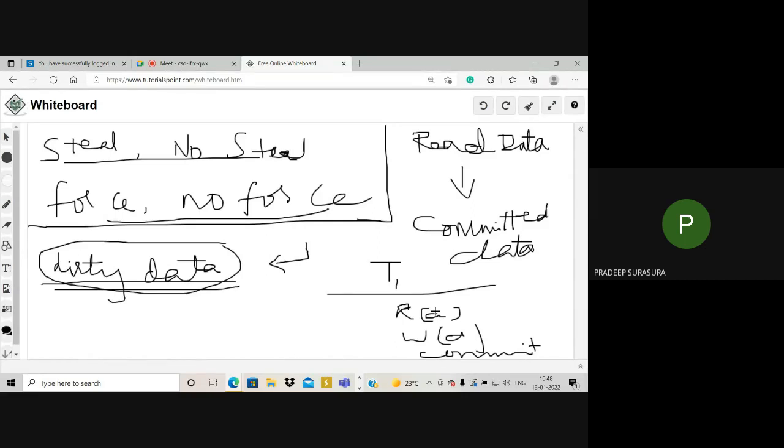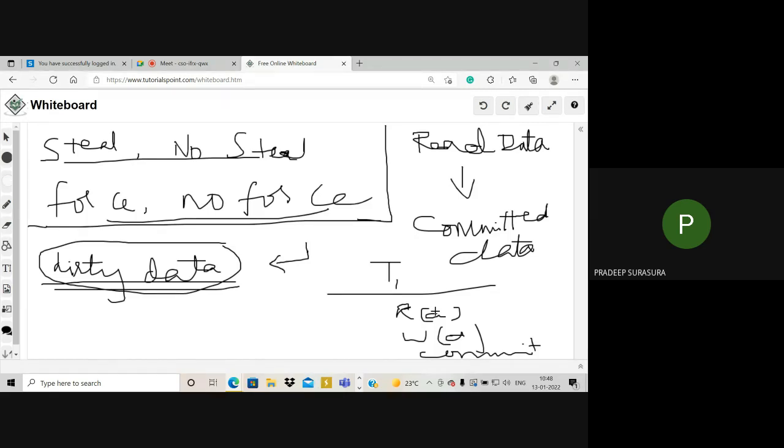The moment we complete the write operation, we say commit. Or we may use abort. Sometimes we may use abort, sometimes commit, but certainly we will execute a commit after a write statement. Any statements without a commit or abort are not treated as a complete transaction.